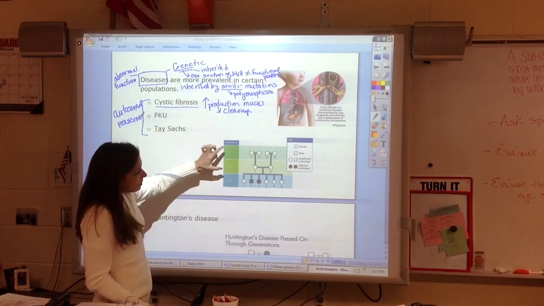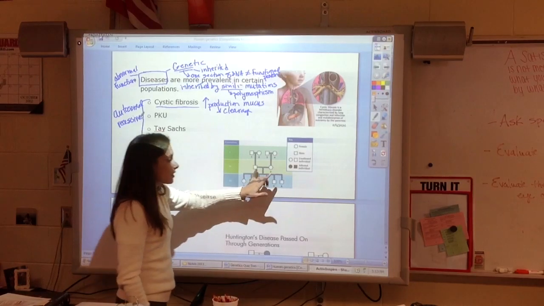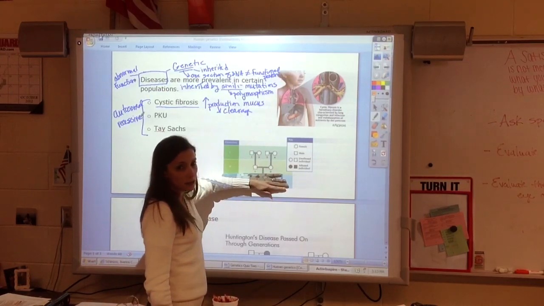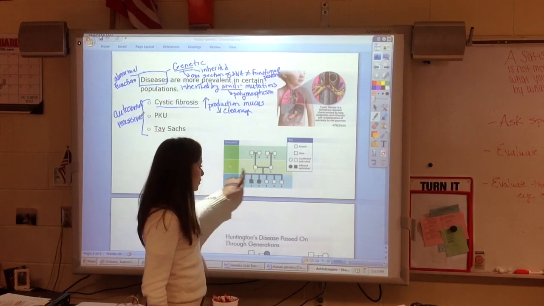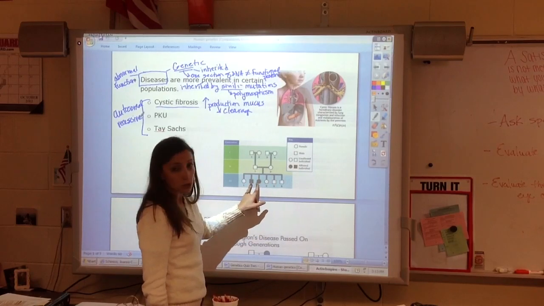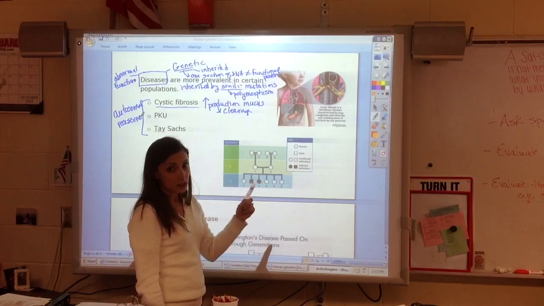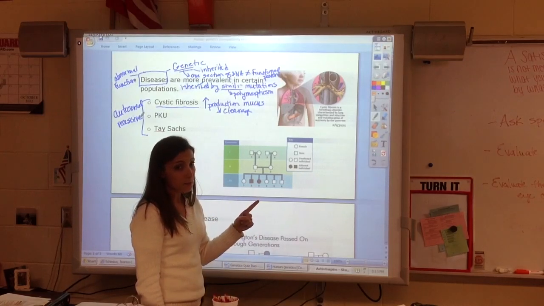And so this is actually a pedigree of cystic fibrosis. One of the things that we want to note, if they had only given us generations 1 and 2, that's not enough information. In generation 2, we have these parents that don't have the disease, and they have 2 children that do. And so what we should be able to do here is A, determine is it dominant or recessive.